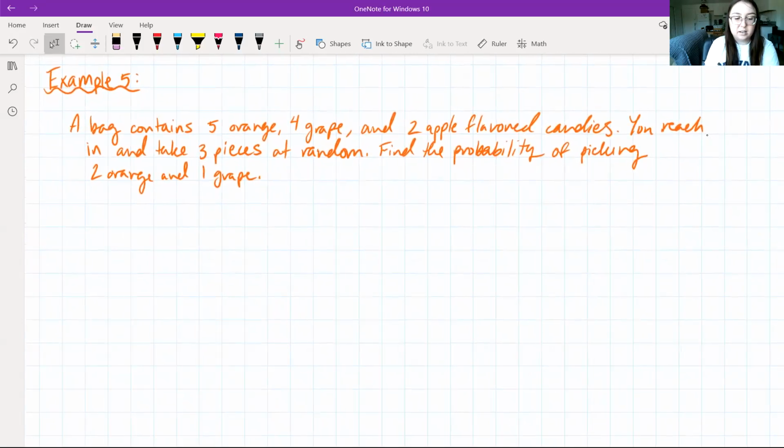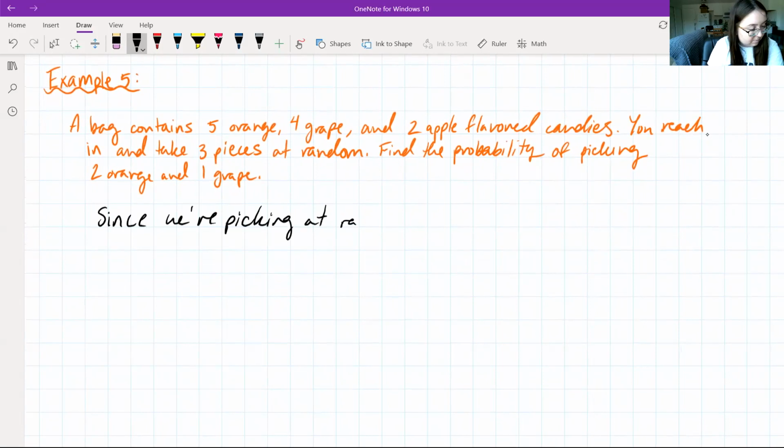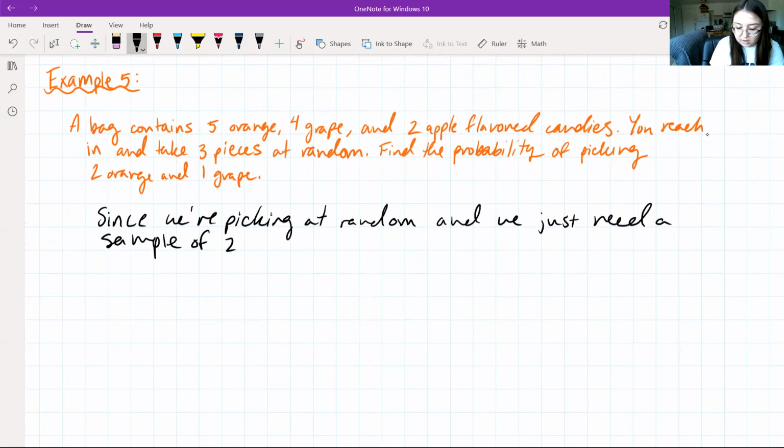So we can say, since we're picking at random, and we just need a sample of 2 orange and 1 grape candy.